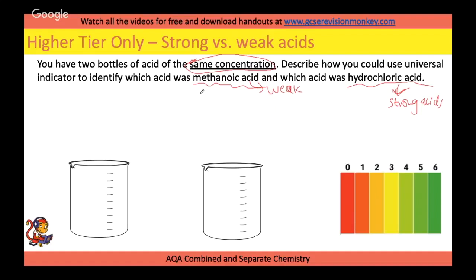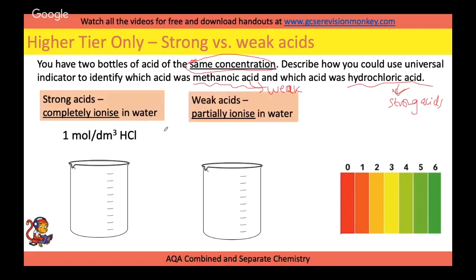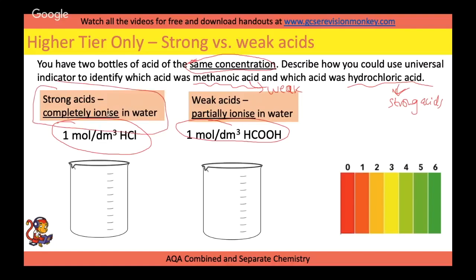So if we have the same concentration of hydrochloric acid and the same concentration of methanoic acid in a beaker, we can see differences in the pH, because these are the key words. Strong acids completely ionize in water. That means when you dissolve this in water, all of those split up into their ions. That's what ionize means.